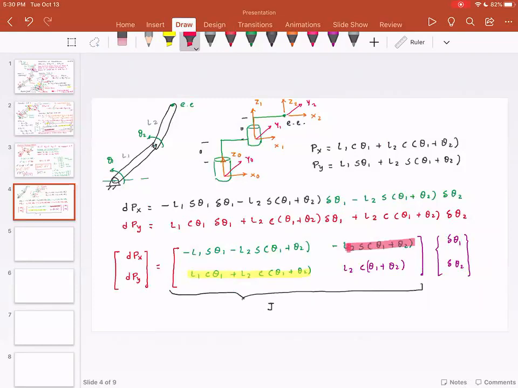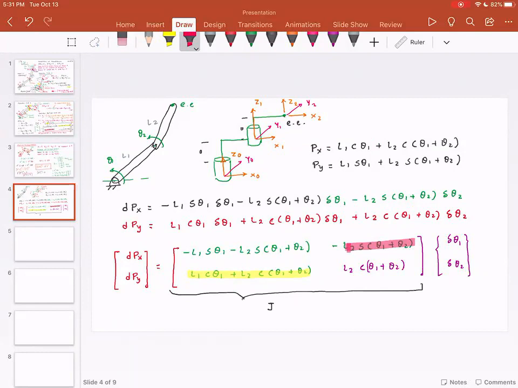L2 sine theta 1, theta 2. Okay, I don't know what term we are talking about.